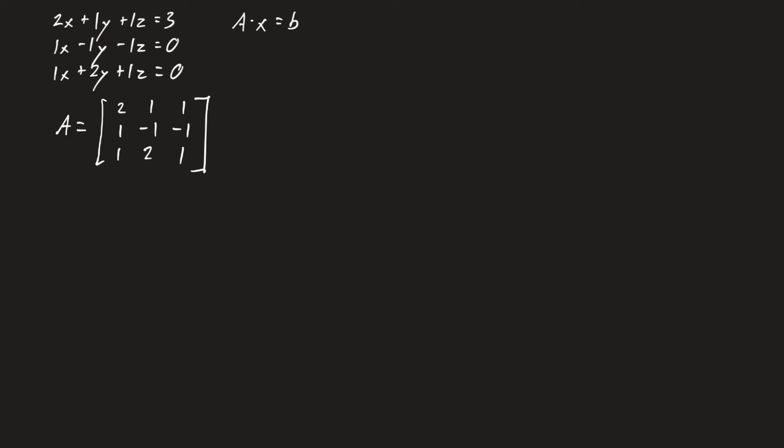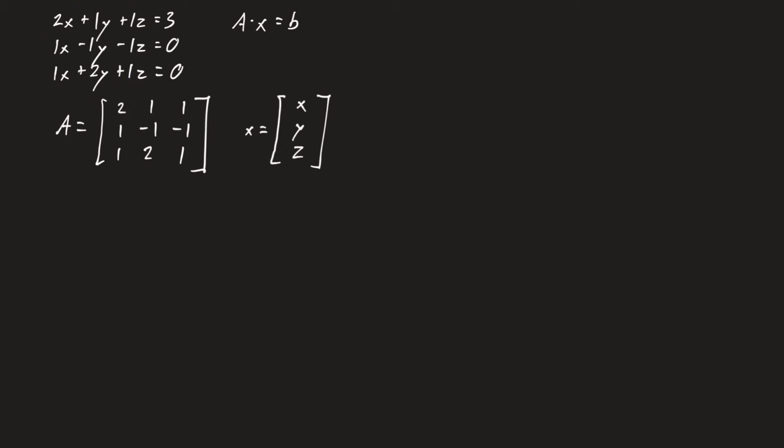Okay, this isn't really too important, but I'm going to lay it out anyway. So our x column vector is, like I said earlier, x, y, and z. And if you work this out and multiply things back out, A times x, you should get exactly this, okay? It'll work out to come back to this.